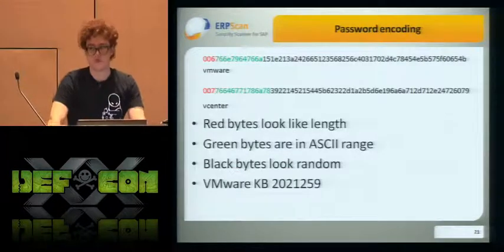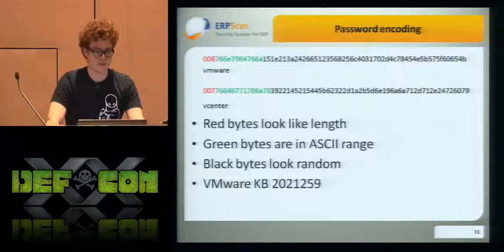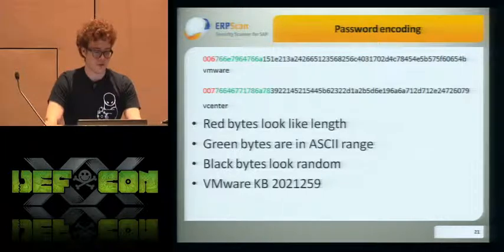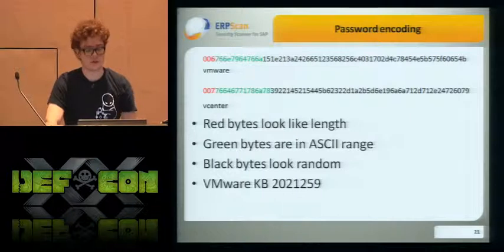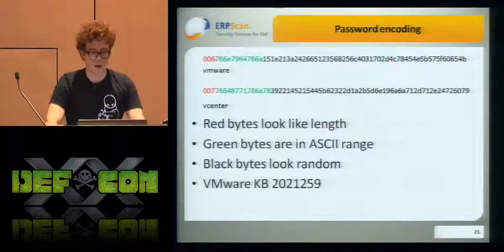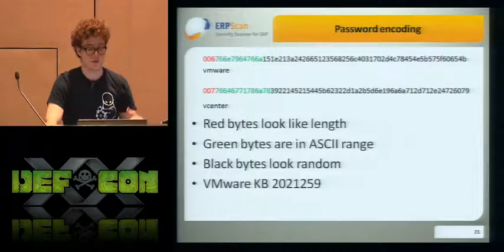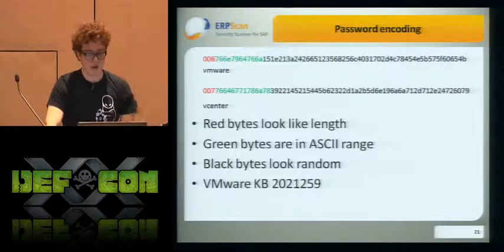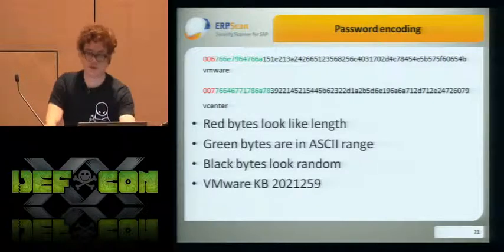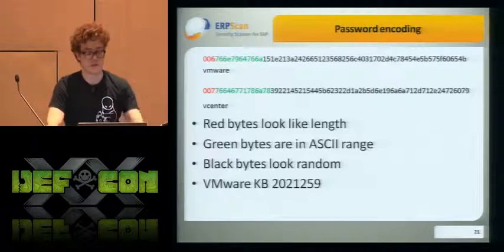So I encoded a few passwords, and as you can see, the first red bytes look like a length, the green bytes were always constant and in the ASCII range, and the black bytes were different every time, even when you encode the same password. Also, I would like to say that there is now a knowledge base article from VMware about this issue.